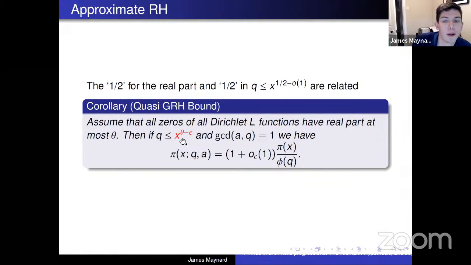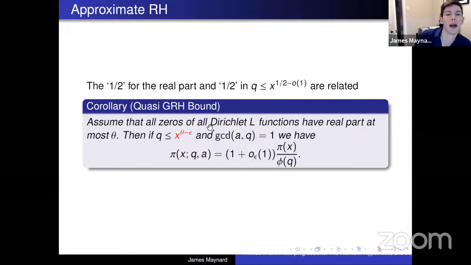Instead of q going up to theta, it should be 1 minus theta. So if q is less than x to the power 1/4, in the case that you have all real parts at most 3/4, then you get this equidistribution of primes in arithmetic progressions. So the 1/2 for this real part of zeros corresponds almost precisely to this improved range, the 1/2 in the exponent, q going up to x to the power 1/2.